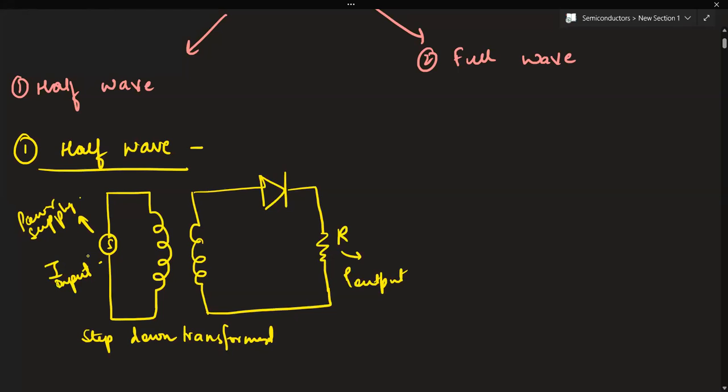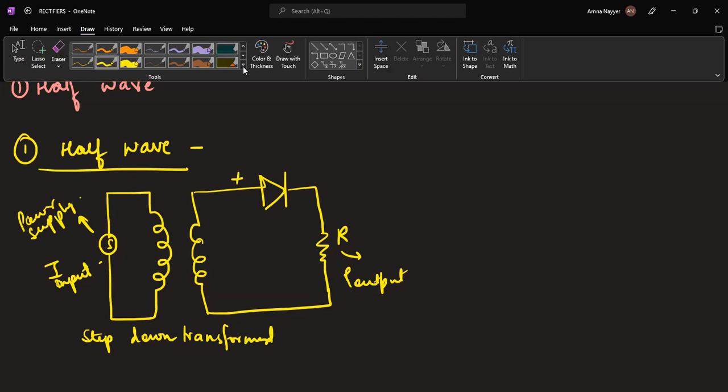Now see, when AC is supplied to the primary, the secondary of the transformer supplies the desired alternating voltage. During the positive half of the cycle of AC, this end is positive. If this end is positive, then what will happen? Will the current pass or not?